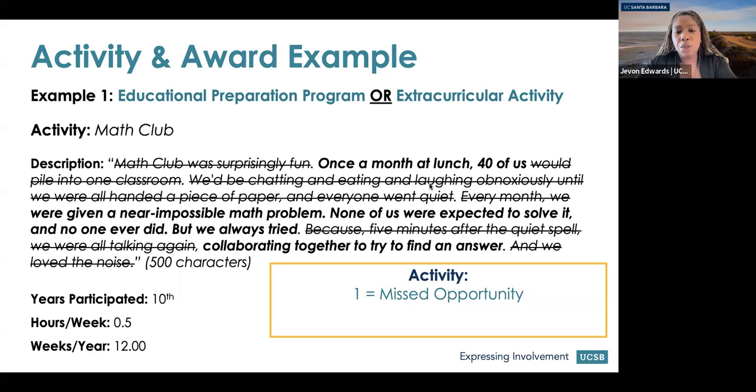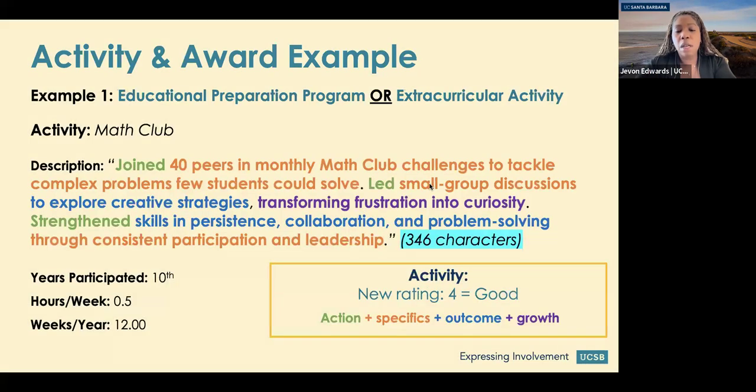But here's a way in which a student could craft their response using kind of what we learned, the action, the specifics, the outcomes, the growth. And this rating, I wouldn't say it's a 5 now, but I would definitely say it's better. It's a 4. It's good. It's starting to now add value to their application to this particular experience.